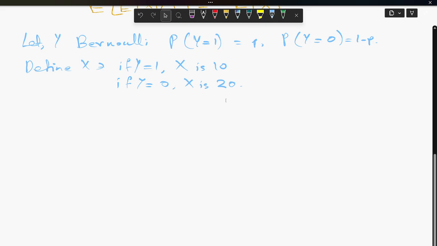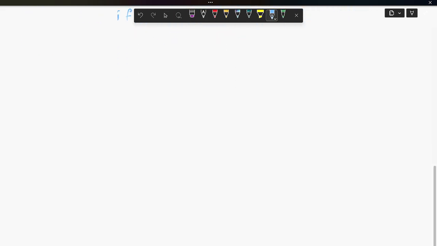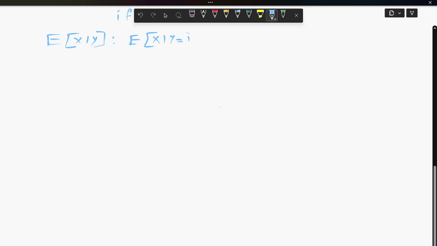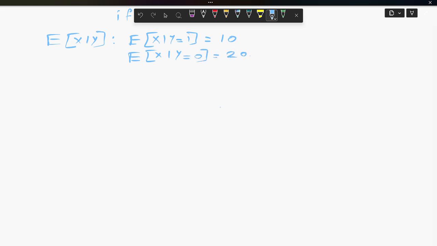Let us compute the expectation of X given Y. E[X|Y = 1] equals 10, and E[X|Y = 0] equals 20.